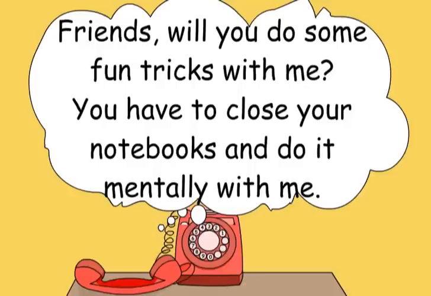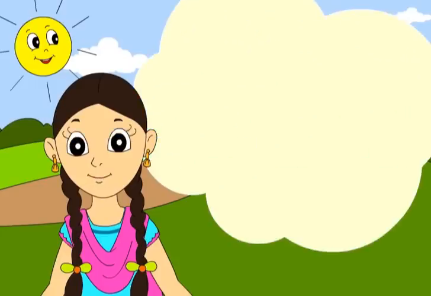Friends, will you do some fun tricks with me? You have to close your notebooks and do it mentally with me. Let's start now. First, think of any two-digit number up to 50. Have you thought of a number?